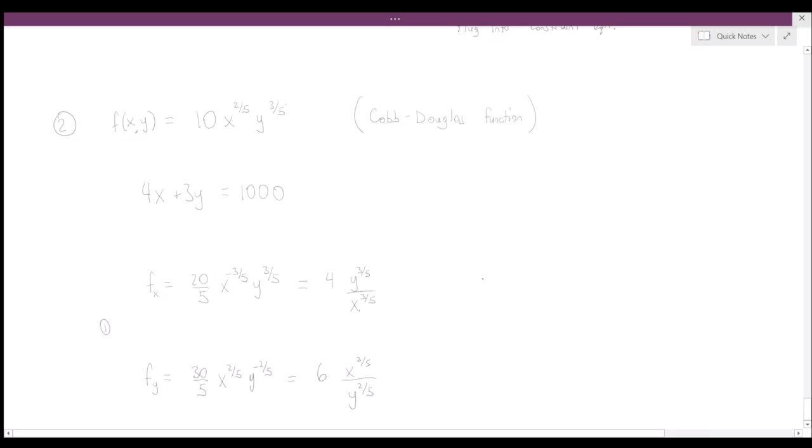All right, so then we'll compute gx and gy as well. So this would be our g of xy. So partial with respect to x will just be 4. And partial with respect to y would just be 3, okay?